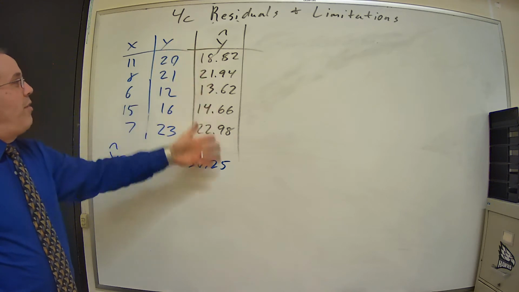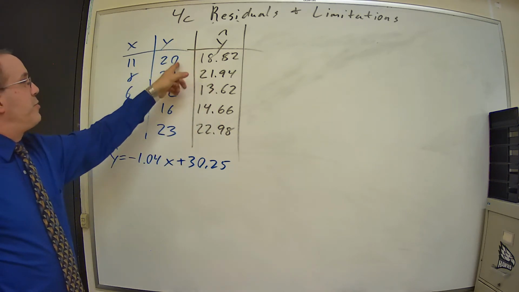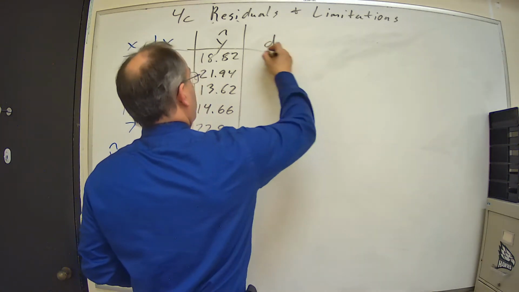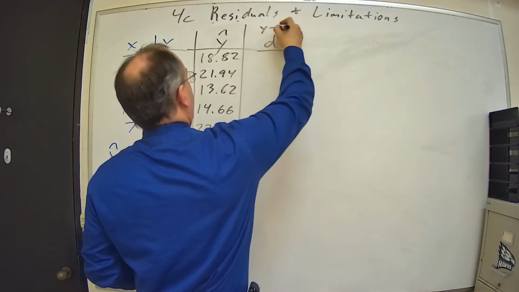So we have all of our predicted values, and we see there's a difference between the actual and the predicted. So now we're going to find those residuals, D, which is y minus y hat.